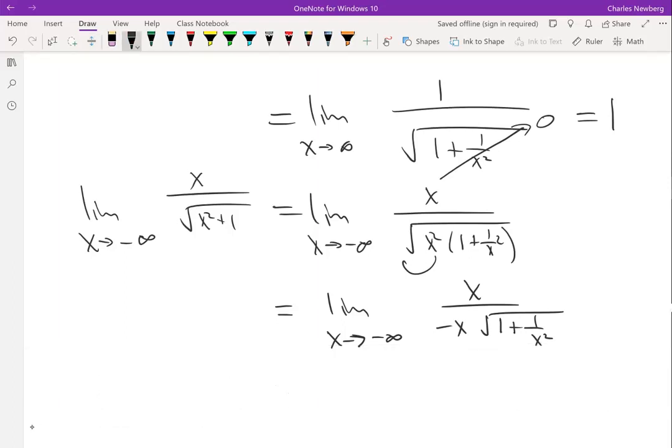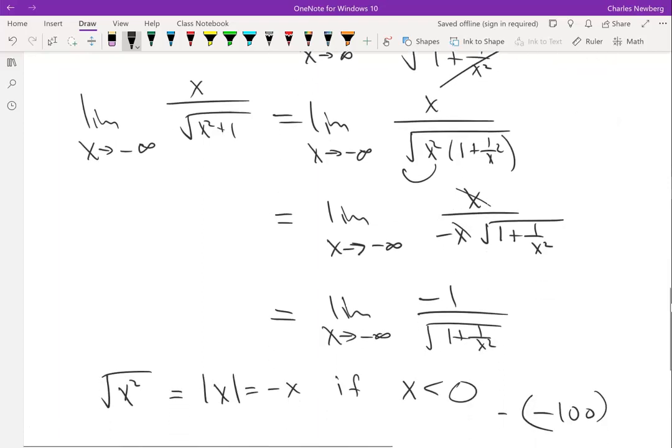So that's a little trick: when we go to minus infinity, sometimes you're going to have to think about making that square root be positive by changing its sign. Now what cancels? The x's still cancel, but what do we have left that wasn't there before? That negative. I'm going to put it up front there: negative 1 over the square root of 1 plus 1 over x squared. All right, go ahead and see if you can use your intuition on that limit and see if you can come up with it.